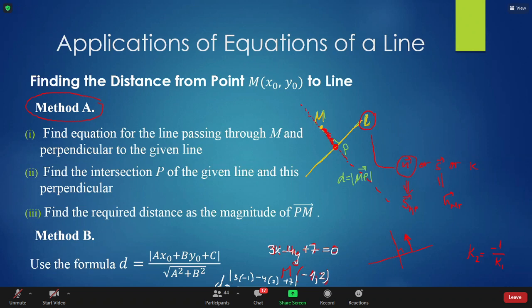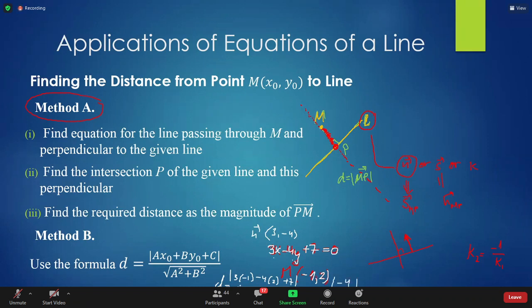The normal vector of this line, as you can see, is 3 minus 4. So that would be the square root of 3 squared plus 4 squared. Now we have -3 minus 8, that would be -11. -11 plus 7 is -4, but the absolute value makes it +4.